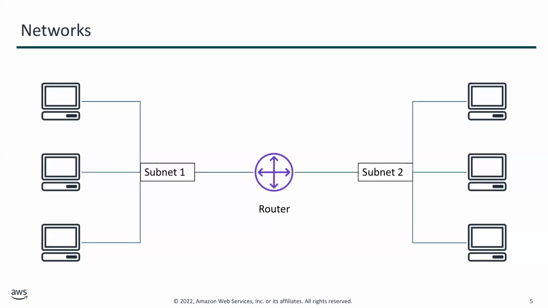Switch and hub, in the VPC context, we don't configure, we directly say router. What does a router do? A router connects two different networks, or two different subnetworks, so to say subnet 1 and 2, and routes traffic, right?